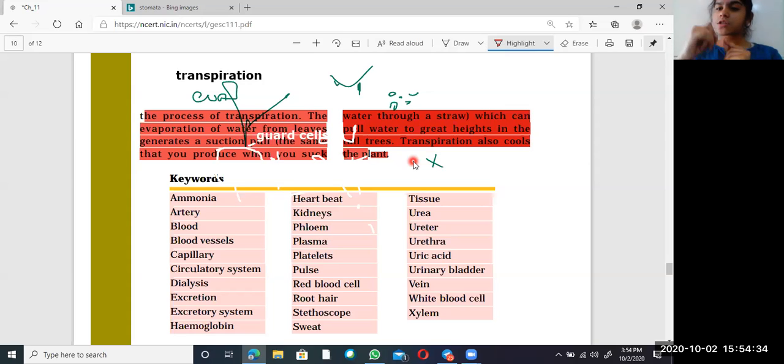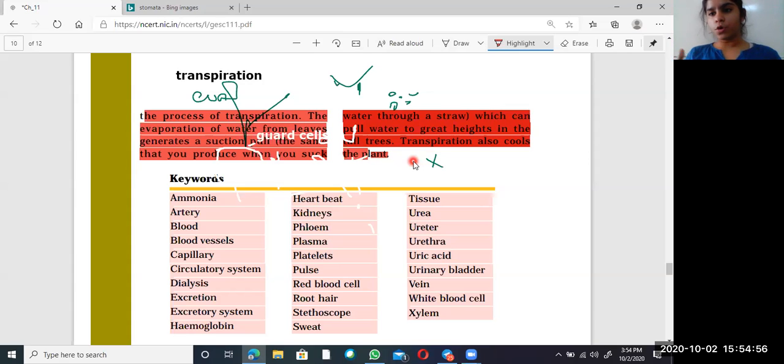That process of getting water up through the straw is the same in xylem. Take a cup, take a straw and suck the water from it. You can see that the water goes up. That process of going up is the same in plants.